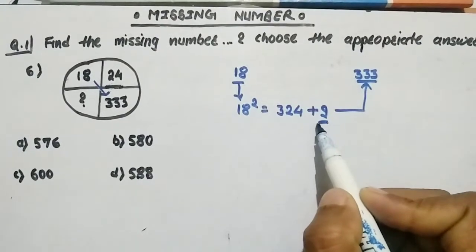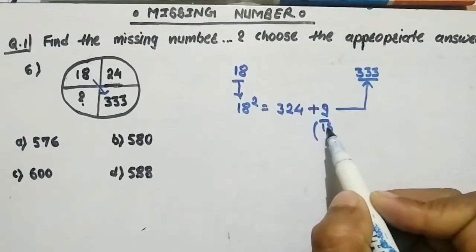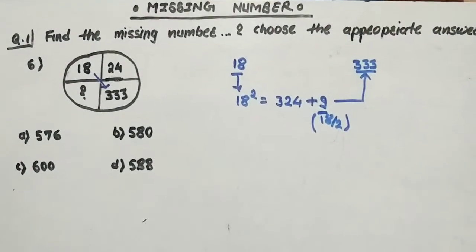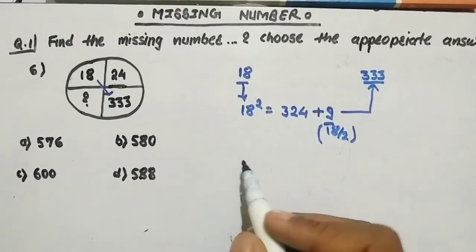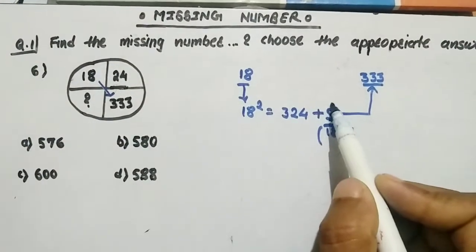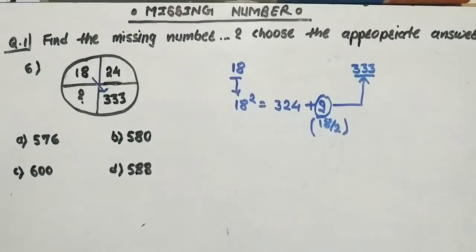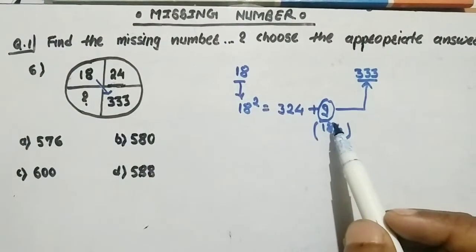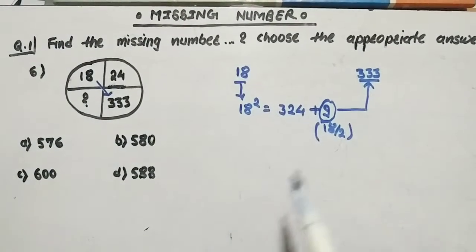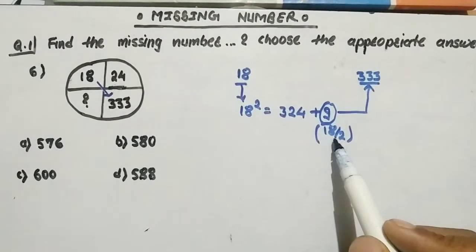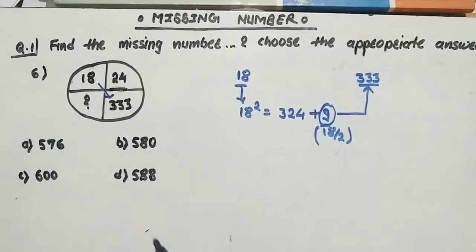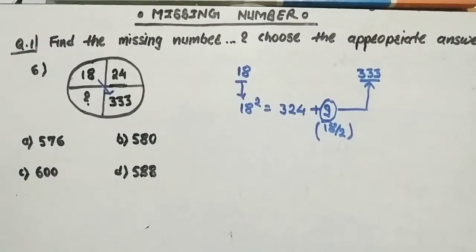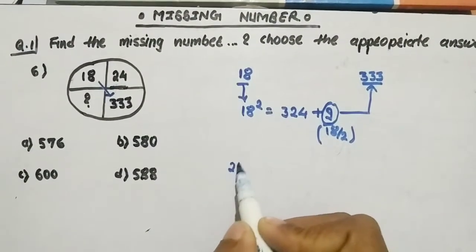ये 9 कब आया होगा, that is 18/2, है ना? जब 18/2 करेंगे तो यहाँ पे 9 आएगा. So how did this 9 come? First just think about how 9 becomes part of this sequence. When we divide the given number by 2, then it becomes 9, right? So 24.